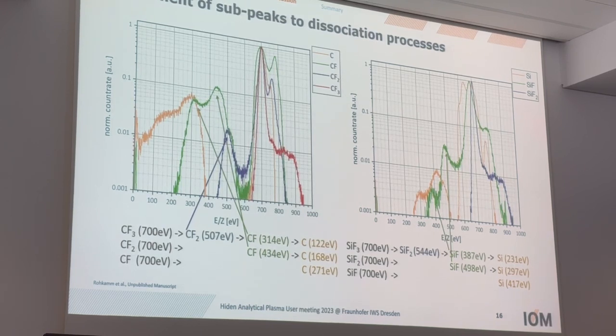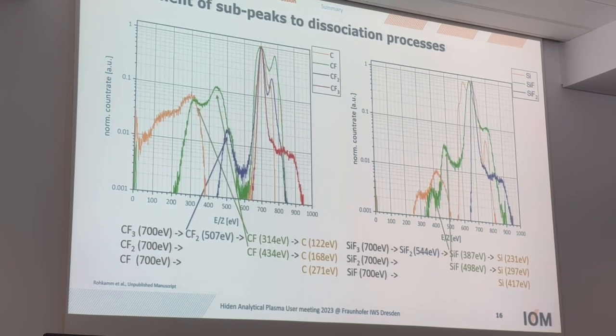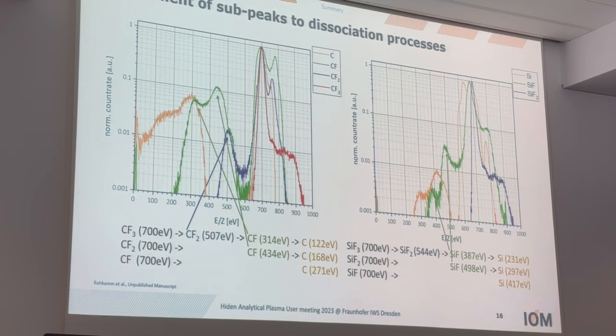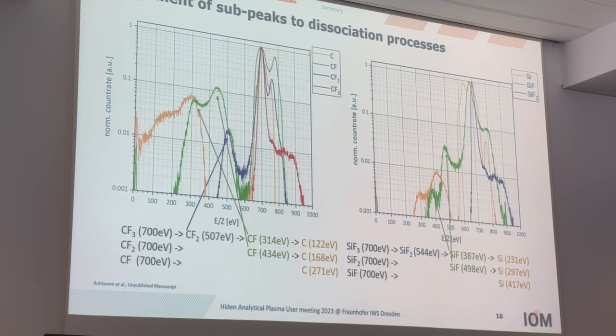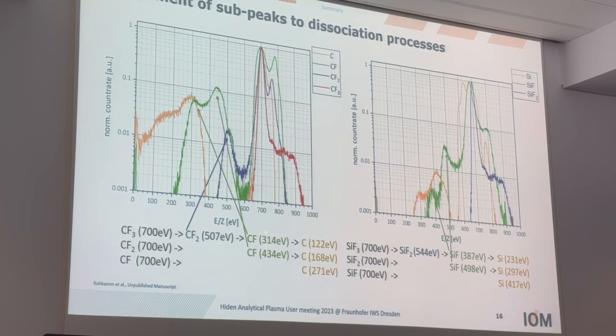You can do some calculations, and when you calculate all your different fragmentation patterns, CF3 is dissociating into CF2 and a fluorine atom or radical, and you can assign all these different peaks to a single fragmentation process. And this CF2 ion with 507 electron volts can dissociate further into even smaller fragments. So for example, CF plus at 314 electron volts, and you also see a peak here in the spectrum.